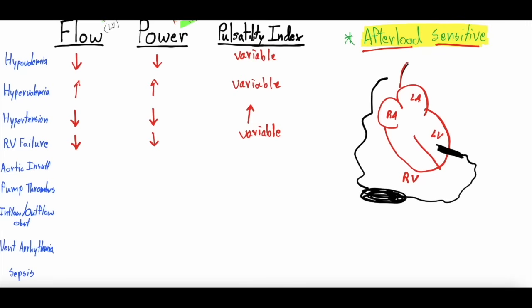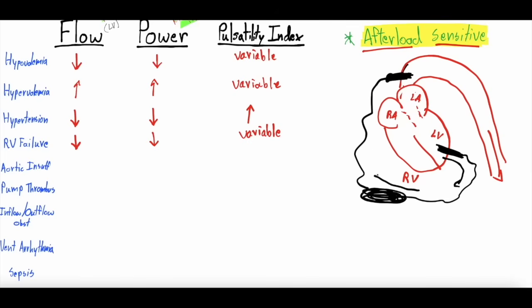The aorta is the large blood vessel that comes out of the left ventricle, right? We'll do dotted lines because this will be behind the heart, comes out of the left ventricle and pumps blood to the rest of the body. And this LVAD outflow tract has a cannula in the aorta. So it's sucking blood out of the left ventricle through the motor and injecting it into the aorta to pump blood to the rest of the body.